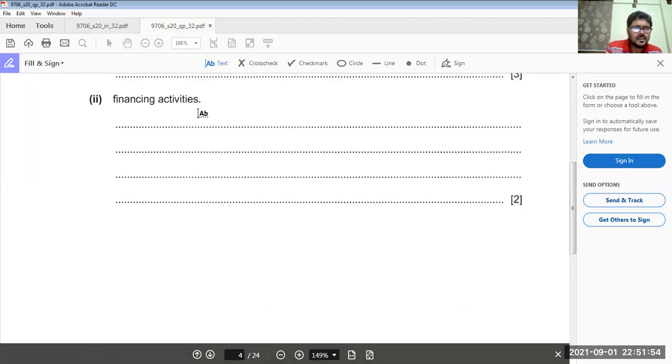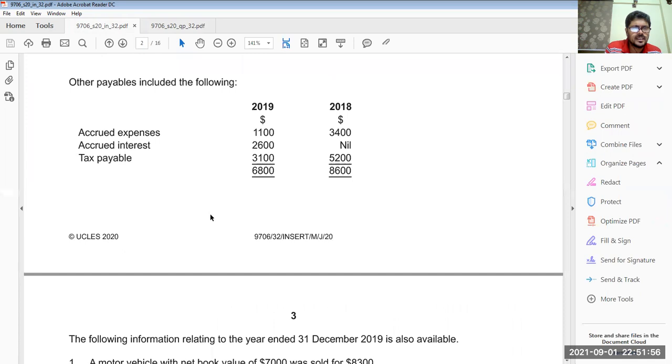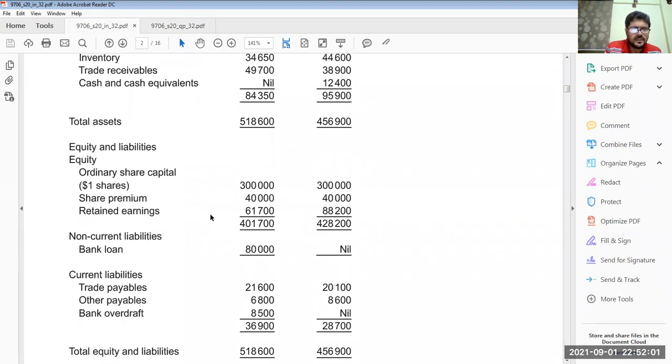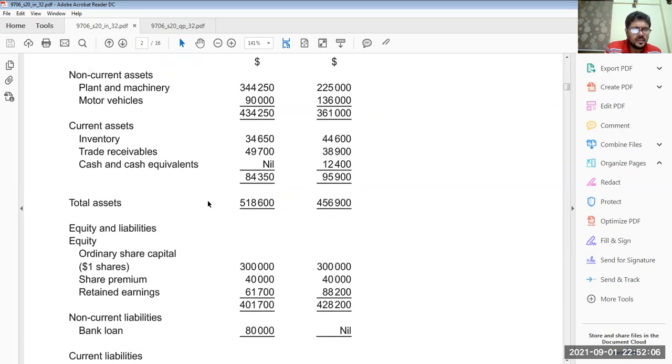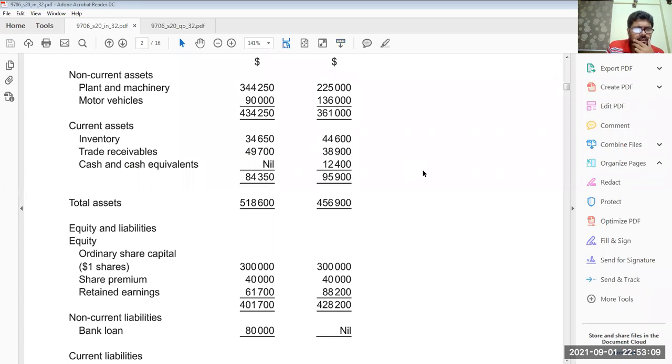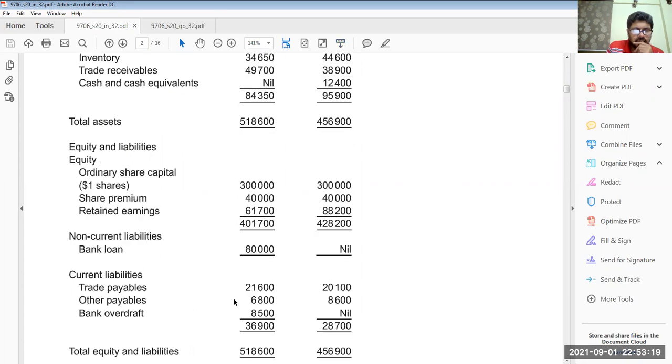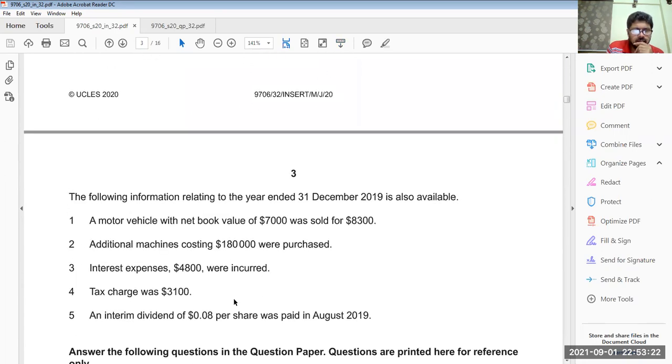Financing activities. Okay, what we have done in financing activities. Now, see, class, the thing is, there's no change in financing activities other than loan. They've obtained a loan of 20,000 and they have paid a dividend of 24,000.